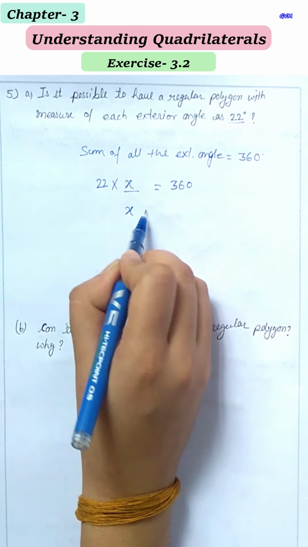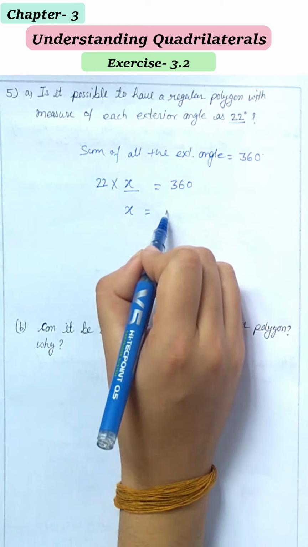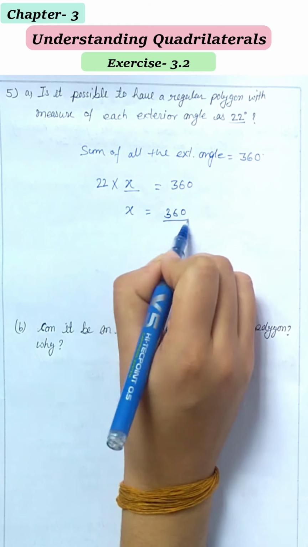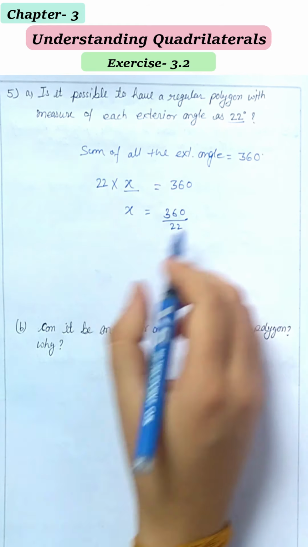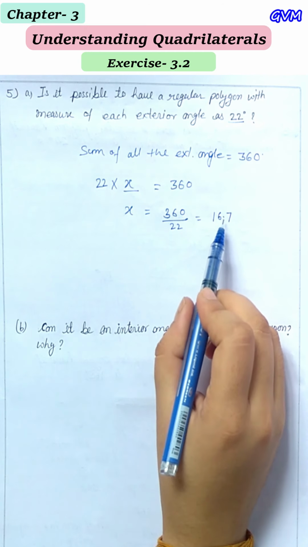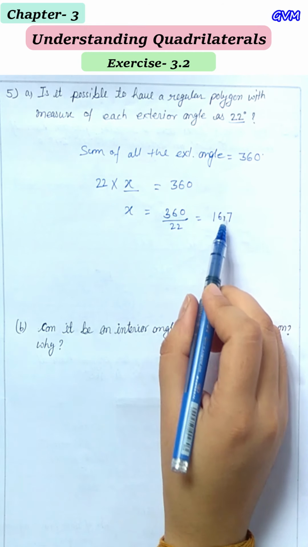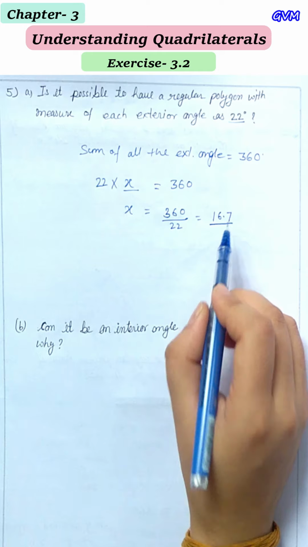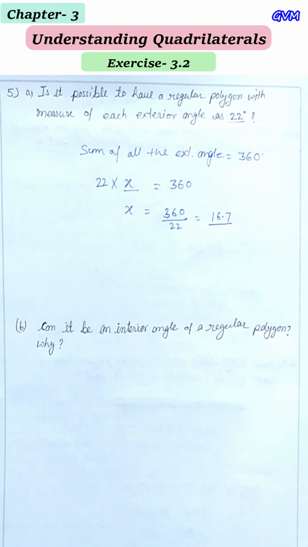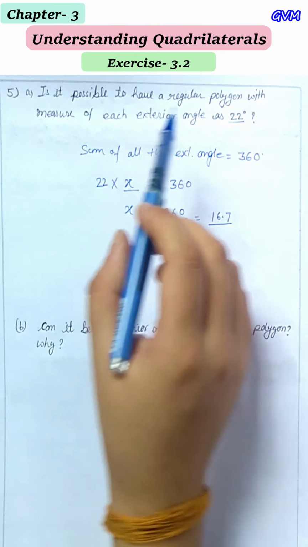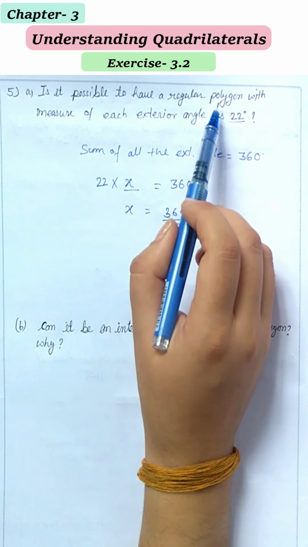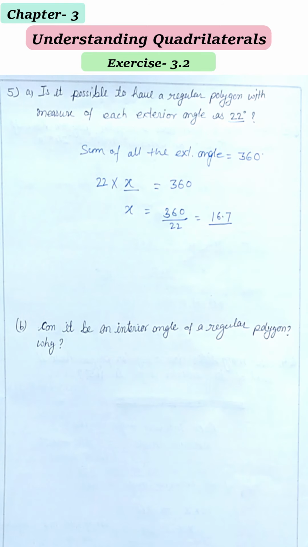If we transpose 22 to here, 360 upon 22 gives us 16.7. That means it is not a whole number. And if we are looking for the sides of a regular polygon, the sides must be a whole number.